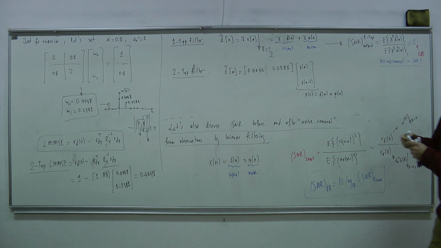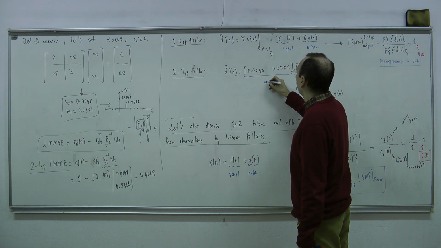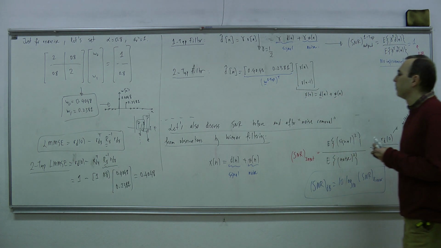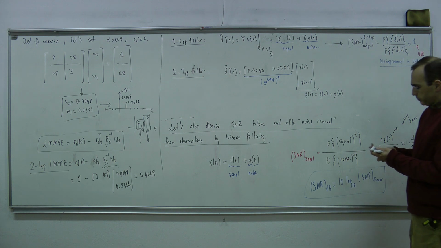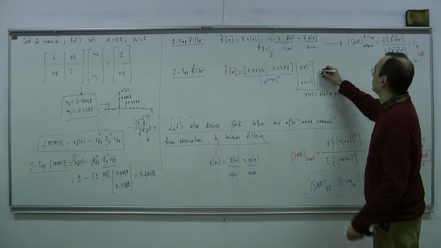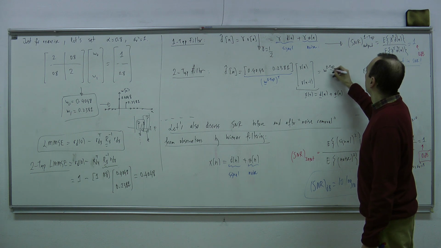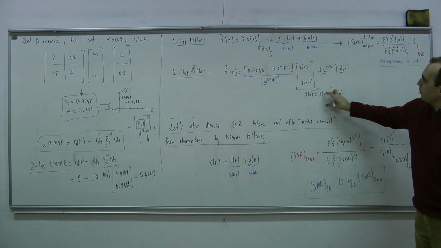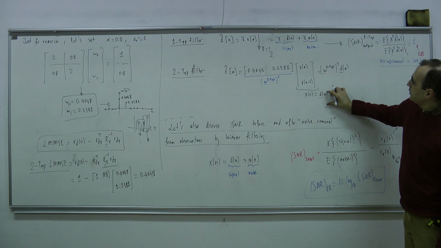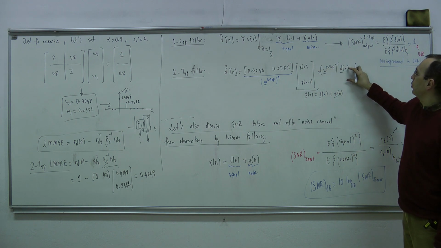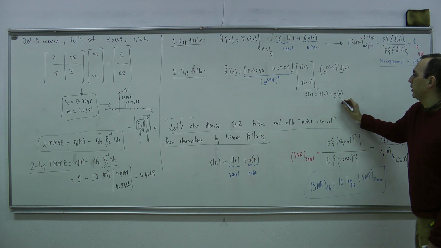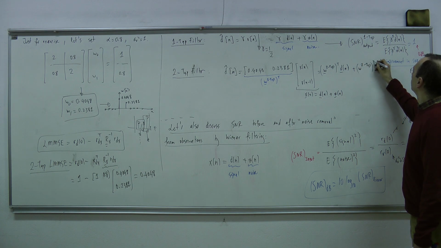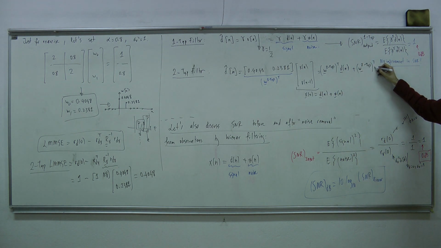Let me also call this w, the 2-tap filter, of course transposed. So w 2-tap transpose times the desired vector, meaning the last two samples of d. The desired vector, d of n and d of n minus 1, is written over here as the d of n vector, obviously for this equality to be meaningful, plus w 2-tap transpose times v of n.